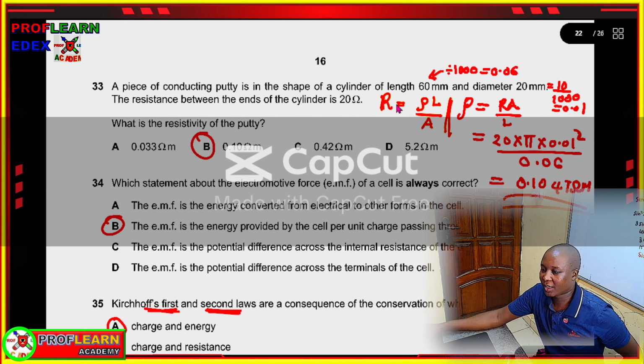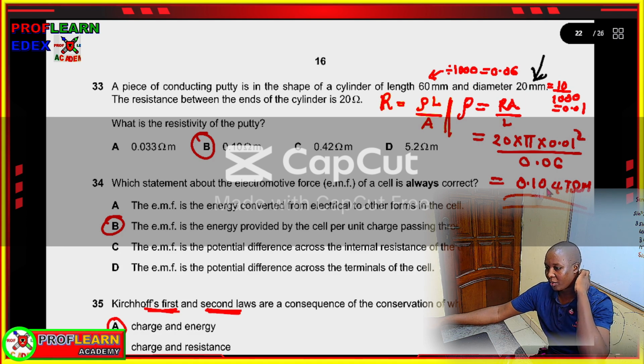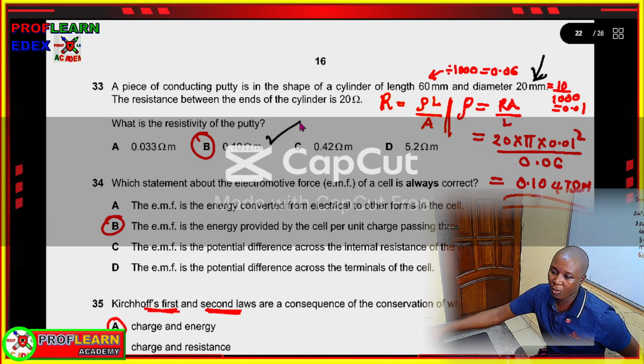We know that resistance equals resistivity times length over area, so we can make resistivity the subject of the formula: resistance times cross-section area over L. What you are to be careful with is the units provided. Convert the millimeters to meters and then work out the area, and if you substitute you are going to get your answer as 0.1 ohm meter as the resistivity.